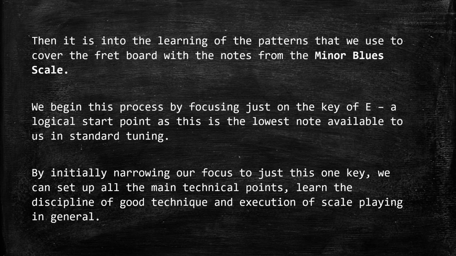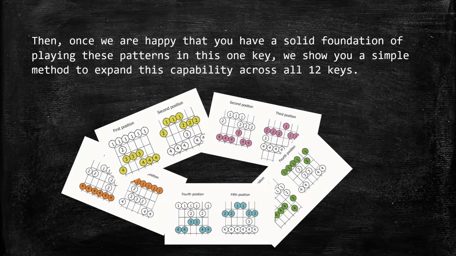By initially narrowing our focus to just this one key, we can set up all the main technical points, learn the discipline of good technique and execution of scale playing in general. Then, once we're happy that you have a solid foundation of playing these patterns in this one key, we show you a simple method to expand this capability across all 12 keys.